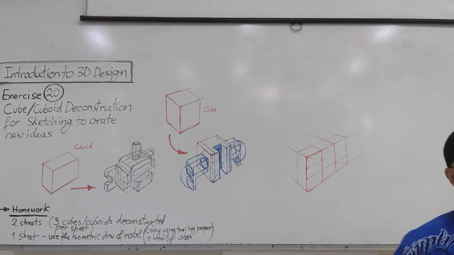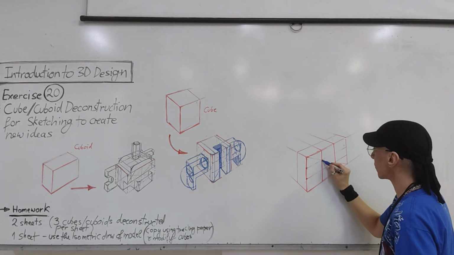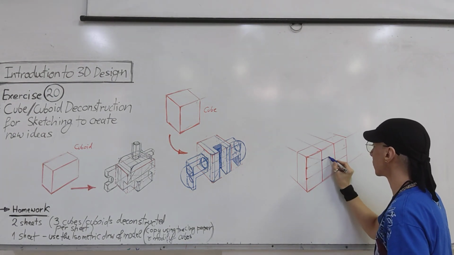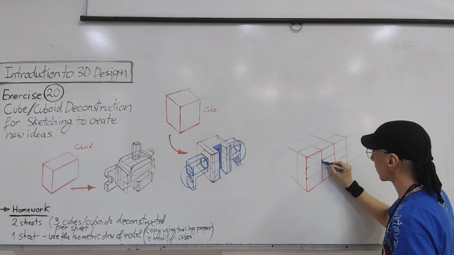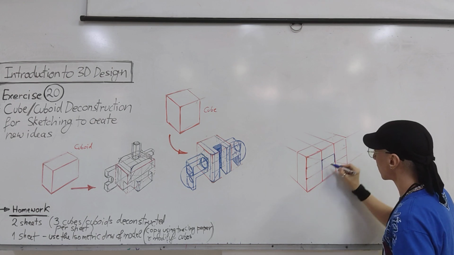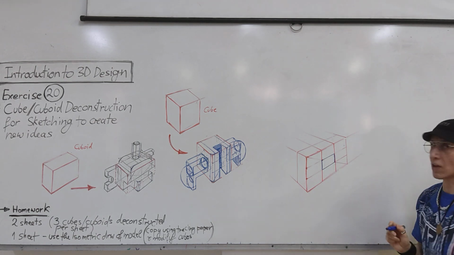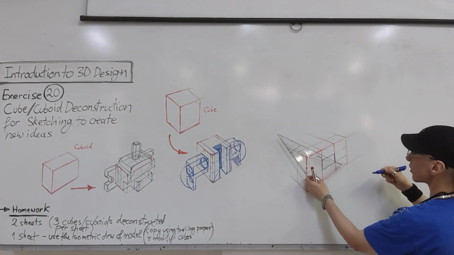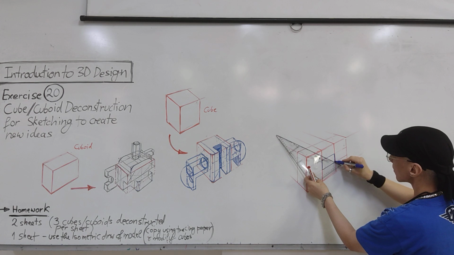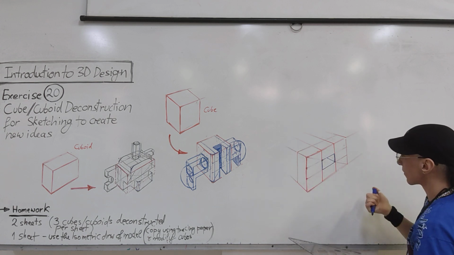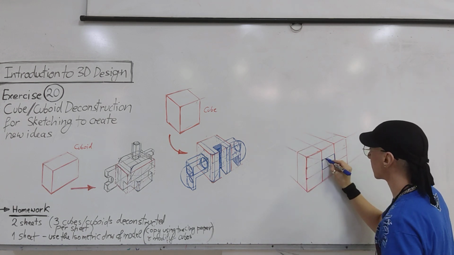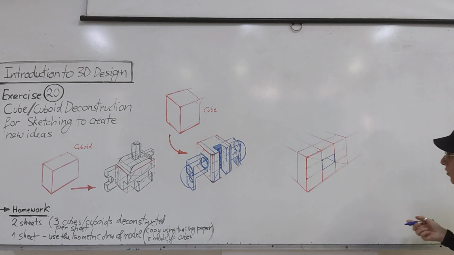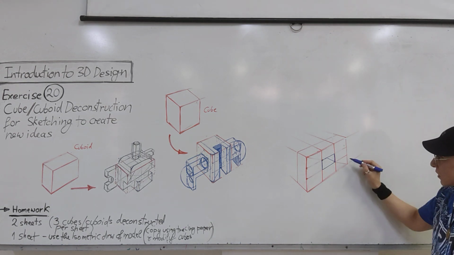Let me use the blue color for the things that I want. So let's make this an opening, okay? For example, very simple. We will take from the corner to the vanishing point. So this is here an opening, open space.